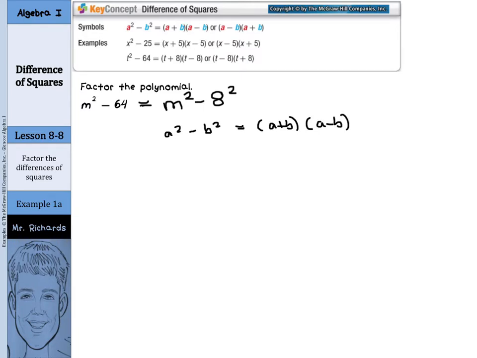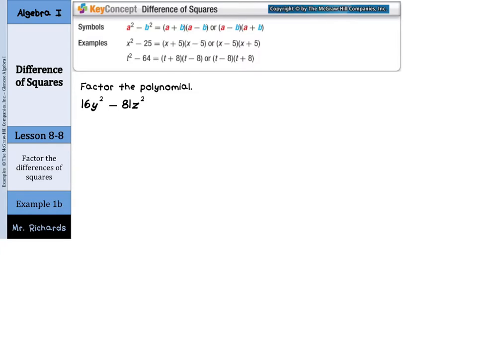And so what we can do now is say, all right, this here is going to equal m plus 8 times m minus 8. And that's it. That's our factored solution with m squared minus 64.